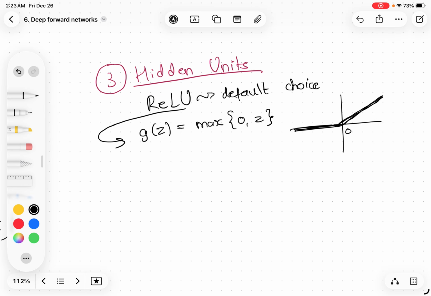But in practice, we don't actually get to 0 in gradient descent.